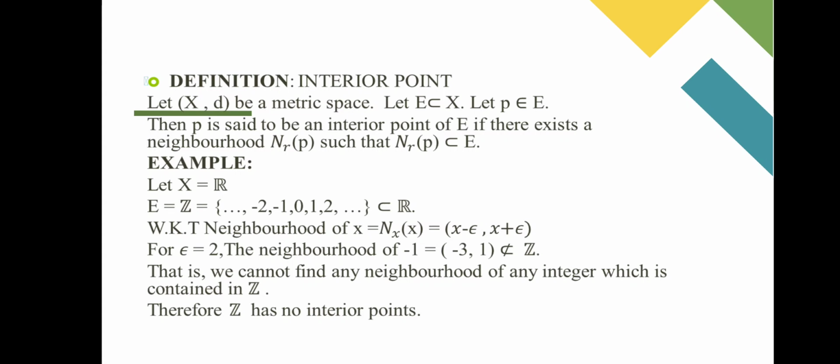For epsilon equal to 2, the neighborhood of minus 1 is minus 3 comma 1, but minus 3 comma 1 is not contained in Z. That is, we cannot find any neighborhood of any integer which is contained in Z. Therefore, Z has no interior points.